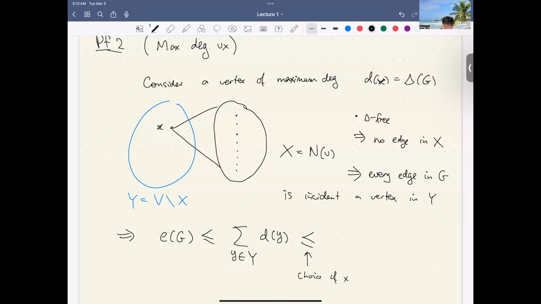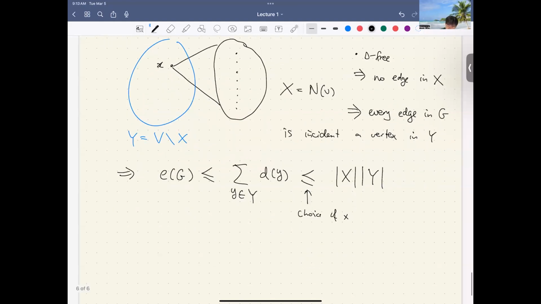We know that it's at most the sum of d(x). But what is d(x)? It's just the size of x. And how many vertices are we summing over? The size of y. So this is at most |x| times |y|. Okay.